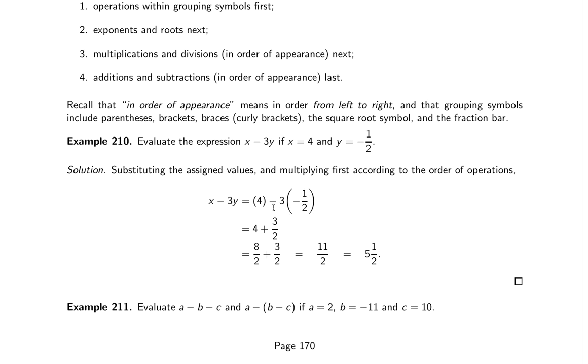Multiplying, negative times a negative is positive. Then it's 3 over 1 times 1 over 2. That's 3 over 2. Common denominator 2, so this is 4 over 1, so we'll make that 8 over 2. So 11 over 2 is a mixed number, 5 and 1/2.